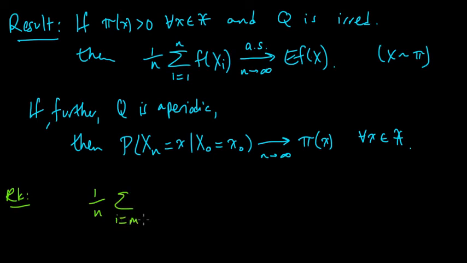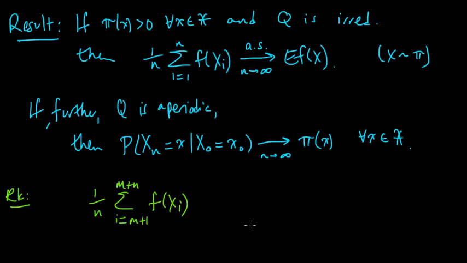They start from m plus 1 and go to m plus n. So they throw out the first m samples, the first m steps in the chain. And they use this to approximate the expected value instead of this full sum.